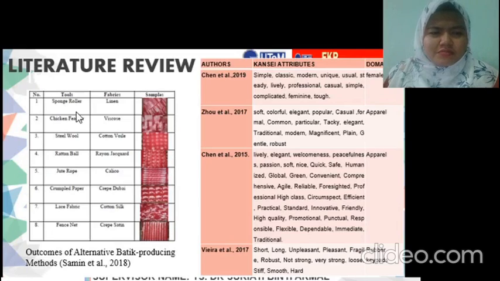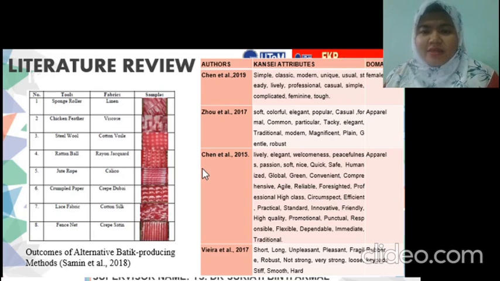This is the alternative batik, which is made from sponge rollers, chicken feathers, steel wool, rattan balls, jute ropes, and so on. This batik was responded to from the previous study. Most of them agreed that other methods can give designs that look more simple and have obvious limitations.